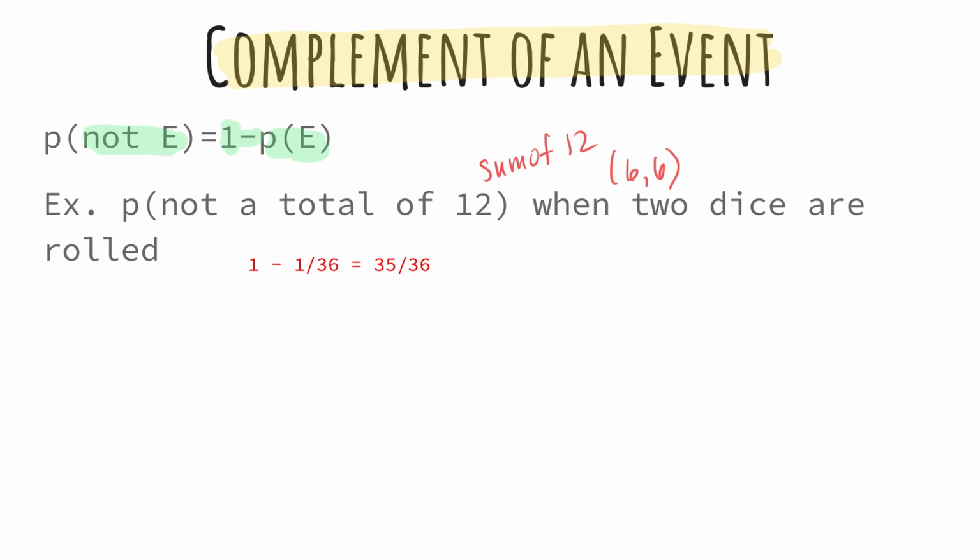So that gives you 1 out of 36 on rolling a sum of 12. So all of the others must not be a sum of 12. So we're going to subtract that from 1. Remember, you have to have a common denominator, so this would be 36 out of 36, subtracting 1 out of 36, which gives you this result right here, 35 out of 36.